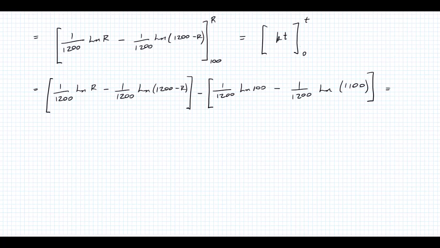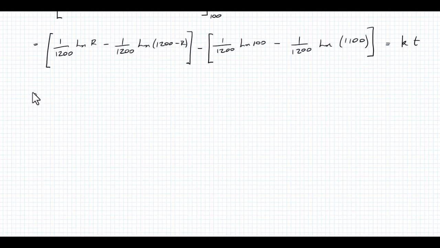Now if I put in t here, I'll just get k times t. If I put in 0 here, I'll just get 0. So really that just becomes k times t. Okay, so let's just factorize out the 1 over 1200 first.